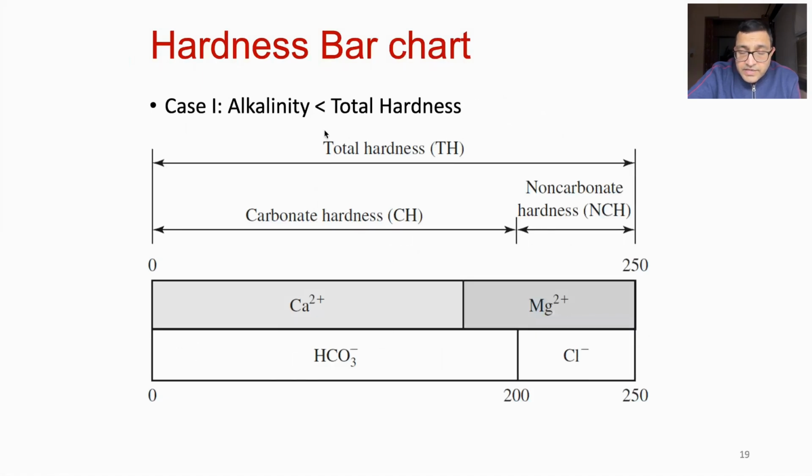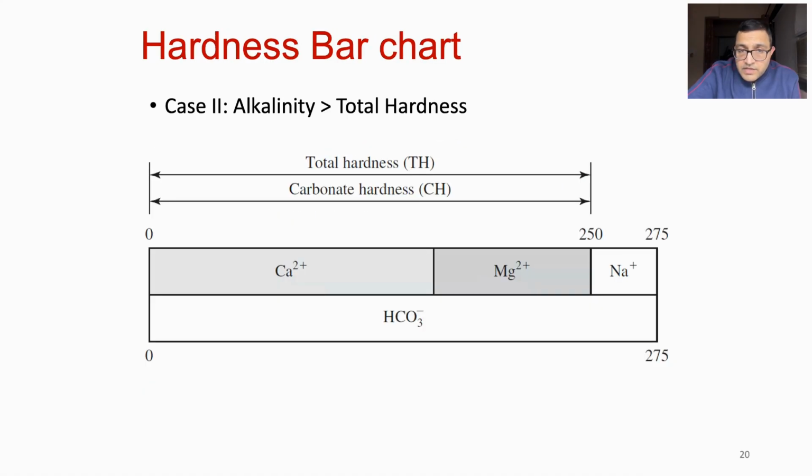Two cases arise. First case, when alkalinity is less than total hardness, the alkalinity would be carbonate hardness, and there will be a non-carbonate hardness component as well. On the other hand, if alkalinity is greater than total hardness, then all the hardness is equal to carbonate hardness.